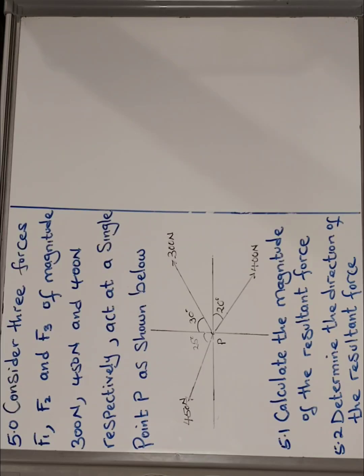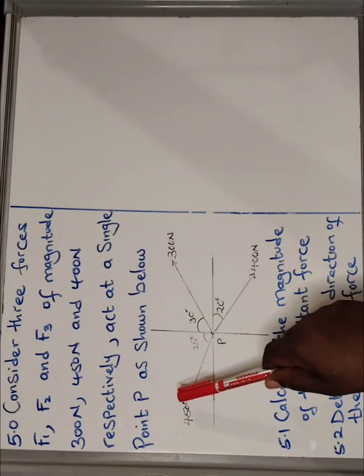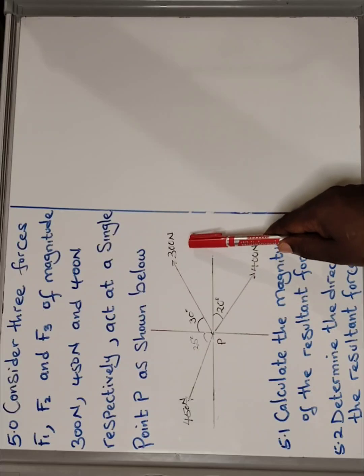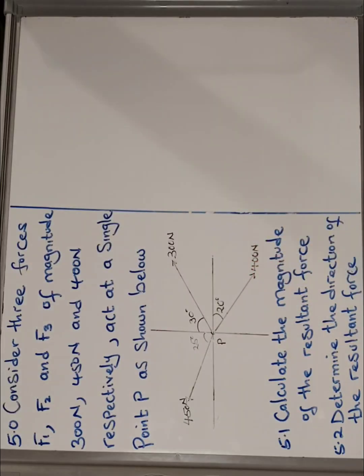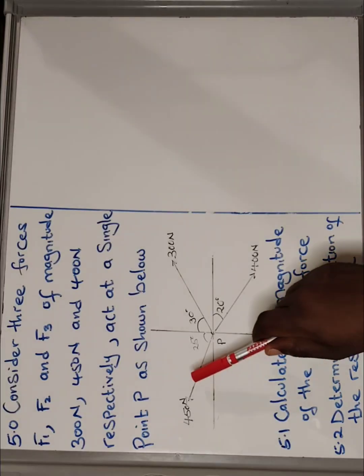Okay, this is what we are having. What do we do? We are having this force here, this force here, and this force here. They are all acting. What do we do to get the resultant force? We get the components of each.